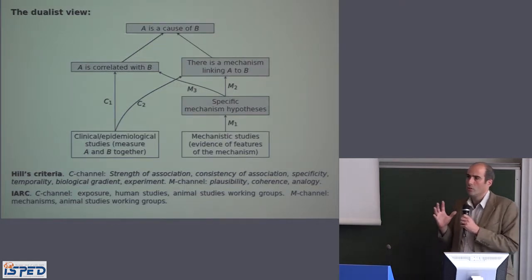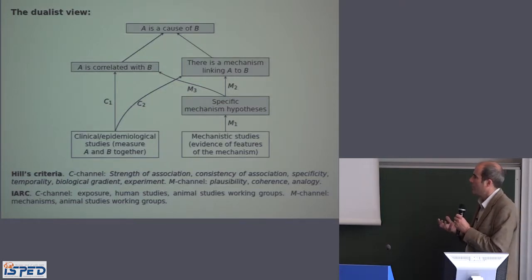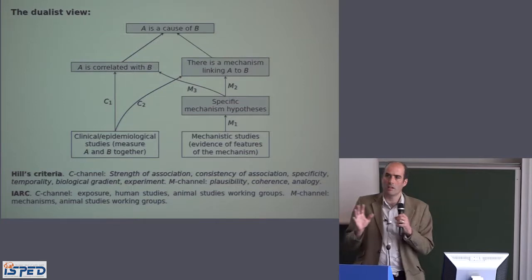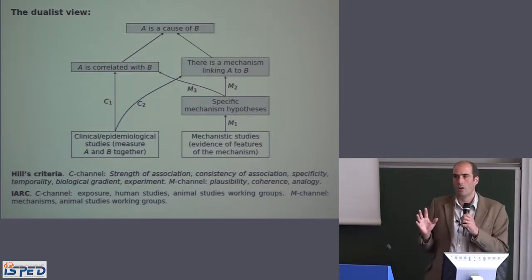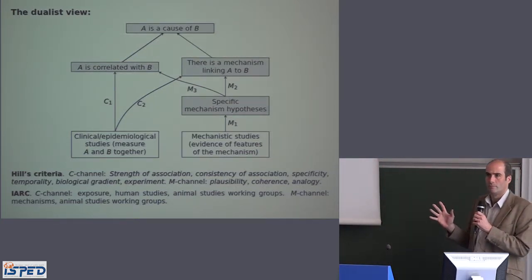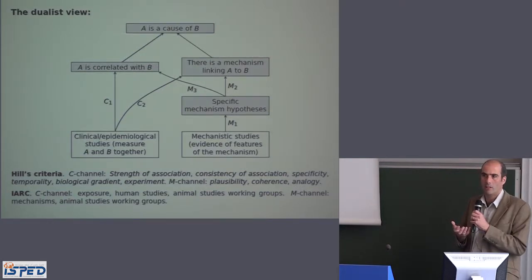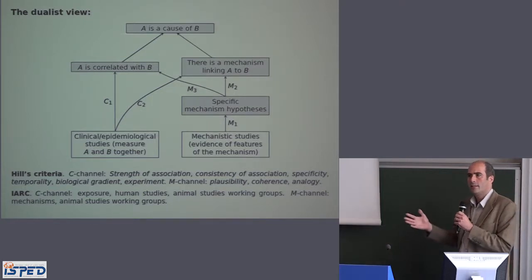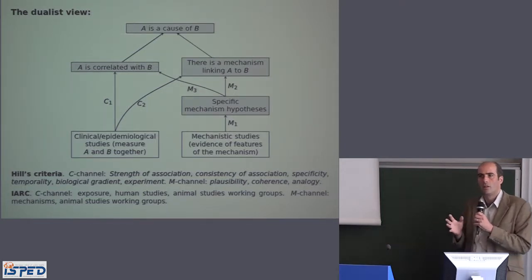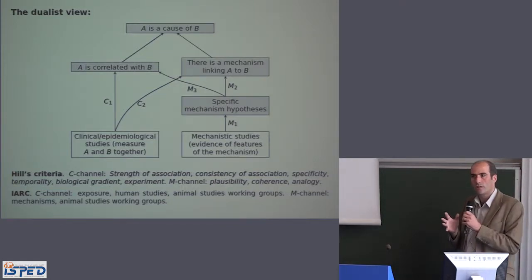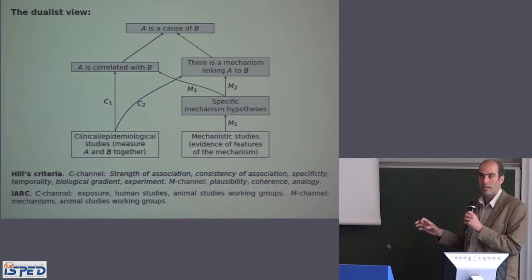So the way I see it is Bradford Hill in the 40s and 50s was working on these problems and adopted a very broad view of the nature of evidence to include mechanistic studies as well as clinical and epidemiological studies. And then somehow the focus has shifted much more strongly towards these large statistical studies and away from the evaluation of mechanistic studies in subsequent years.